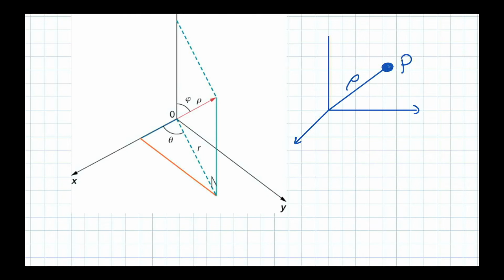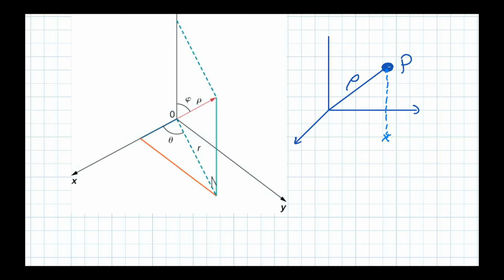Now that's different than what we did for r, because r was measuring just in the xy plane. Rho is measuring a distance in 3D space. So rho measures that. The theta is the same theta as before. So what you have to think about happening is if this point was projected down into the plane, right? Like maybe it's right here.